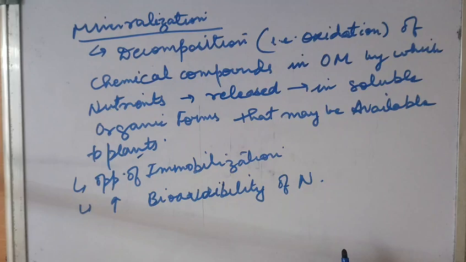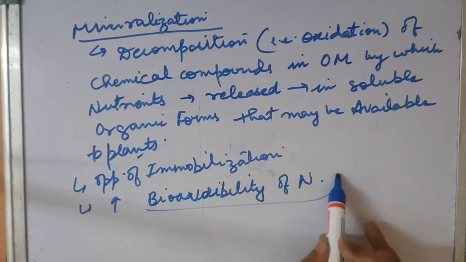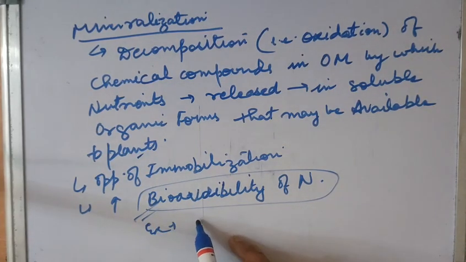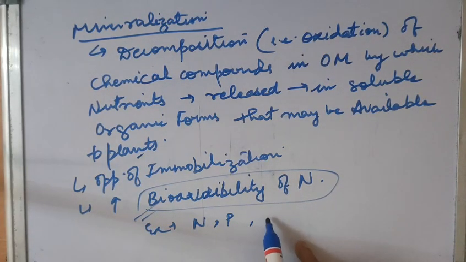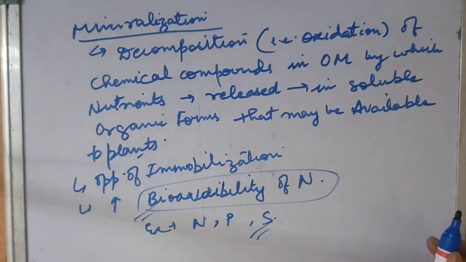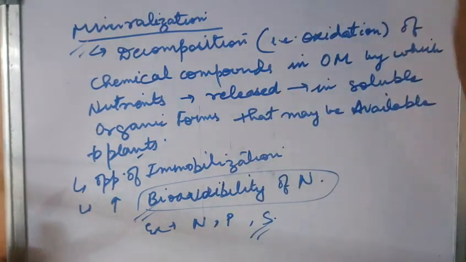So here we can simply understand that it makes nutrients available for plants. For example, nutrients like nitrogen, phosphorus, and sulfur, which are very important for plants, are available to plants because of mineralization. So this was mineralization.